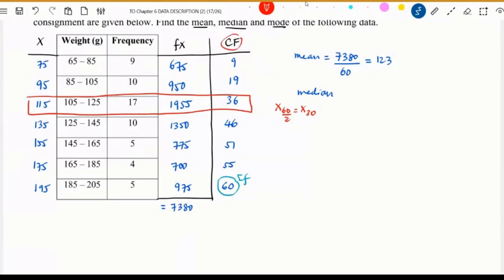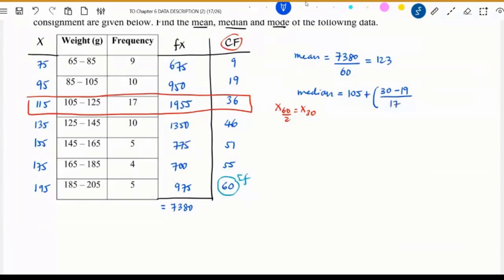Okay, so for the lower boundary, since we don't have any gap, directly your lower limit will be the lower boundary. So 105 plus 30 minus the cumulative frequency of the class before, which is 19, divided by the frequency of the class, which is 17.